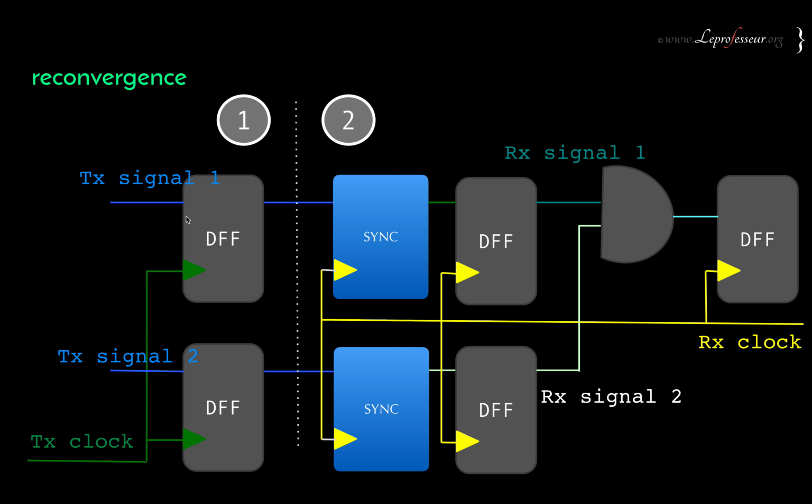However, these two signals are separately synchronized, and then combined together via this AND logic. And this is very bad, because you don't know at what time TX signal 1 will reach this AND gate, and you don't know at what time RX signal 2 will reach this AND gate, and the resultant would be this toggling thing here.